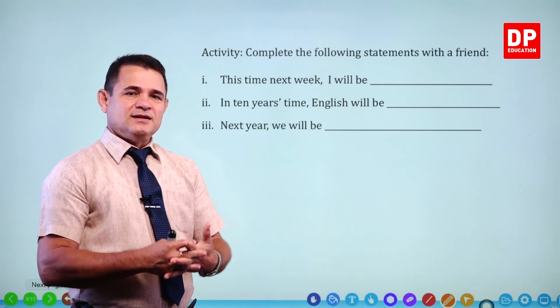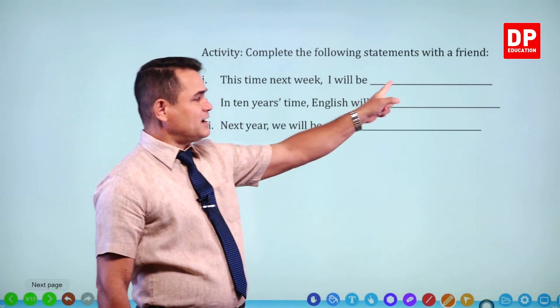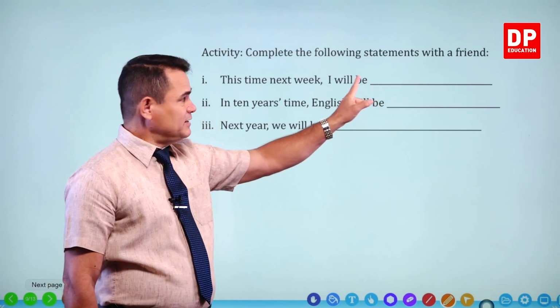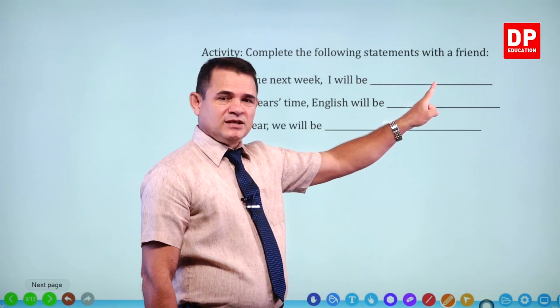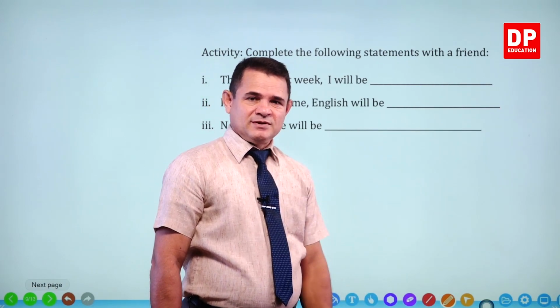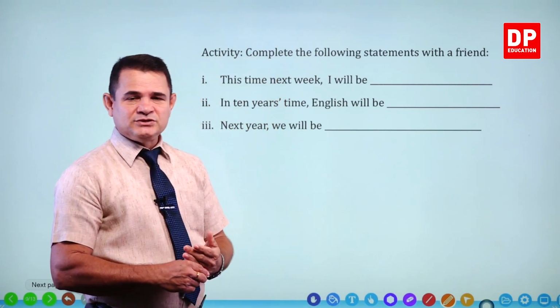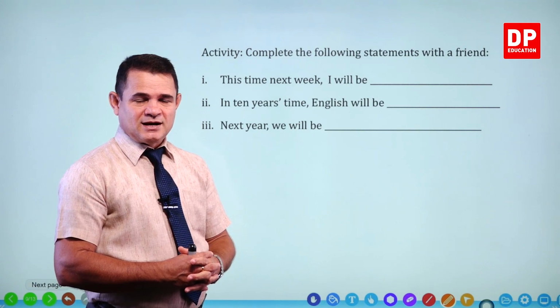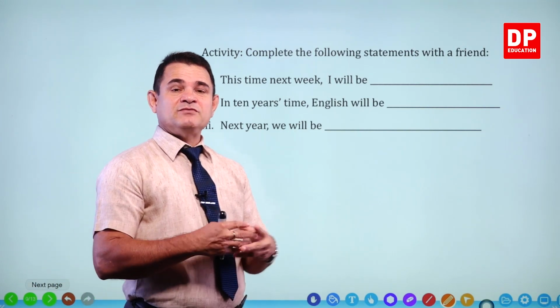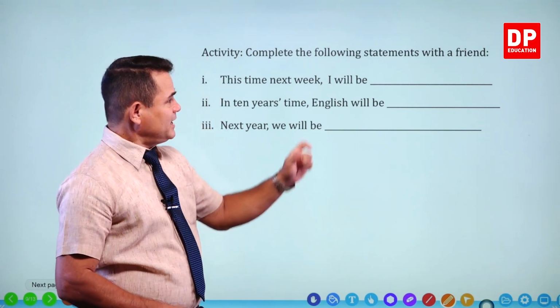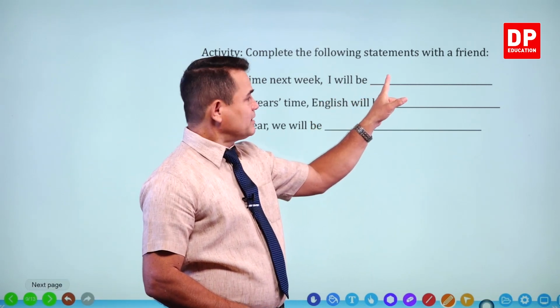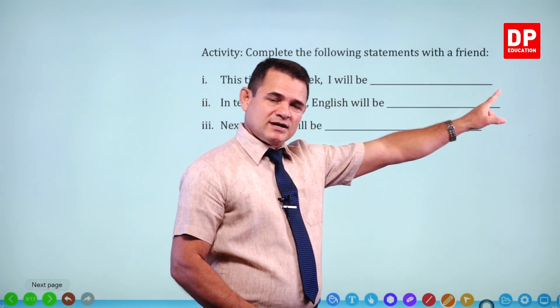You think and tell. I will be, then ක්‍රියාපදයේ ing. I will be sitting for the exam. Or I will be traveling to Kandy. I will be playing cricket with my friends. Anything, right? Will be ක්‍රියාපදයේ ing අලවා කරන දේ කියන්නේ.